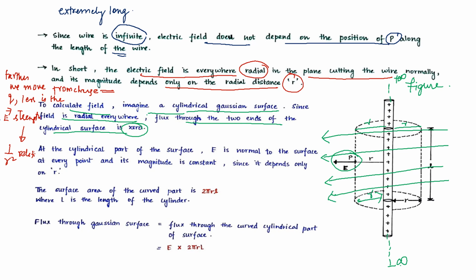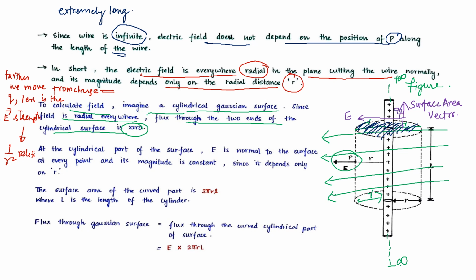Now if we consider this face, what is the direction of the surface area vector? The surface area vector will be in this direction, and the electric field E is in this direction. What is the angle they are making?